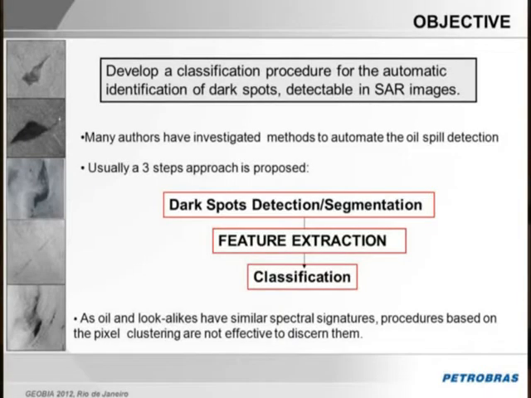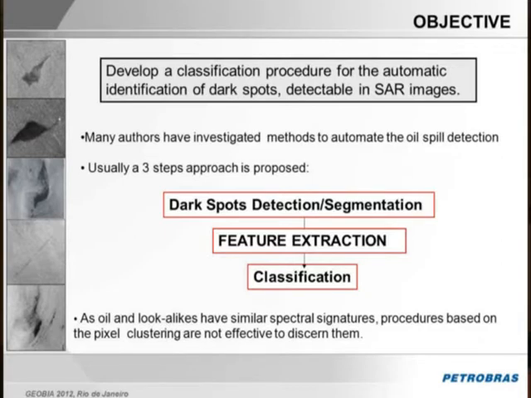So our objective, our desire in this work is to summarize in a semi-automatic or automatic procedure all this knowledge you use to do this integrated interpretation. So the objective is to develop a classification procedure for the automatic identification of dark spots detectable in SAR images.